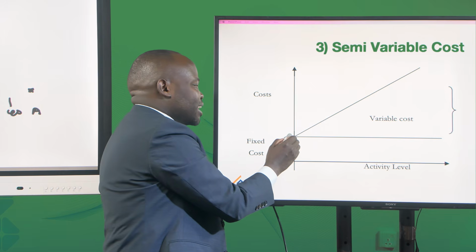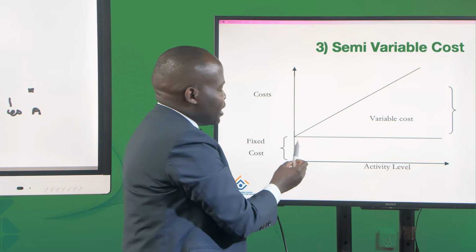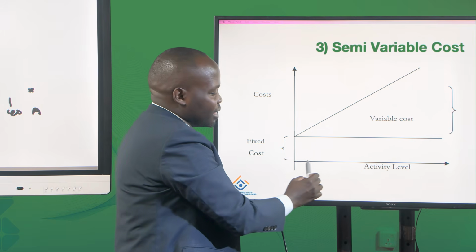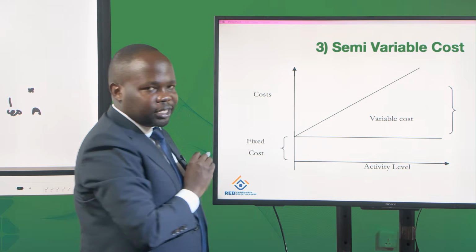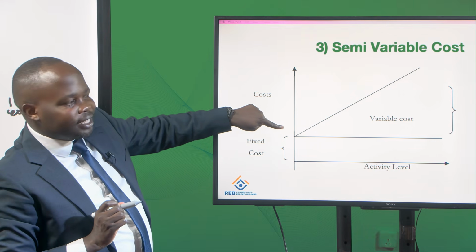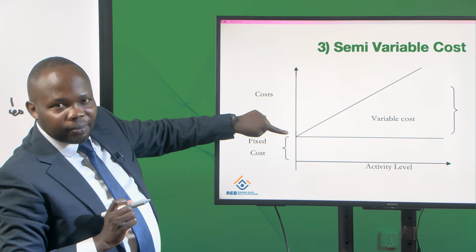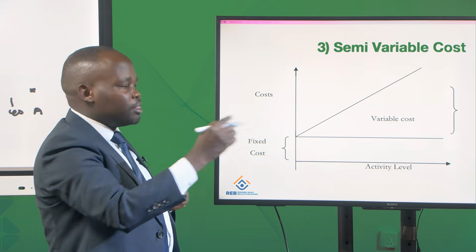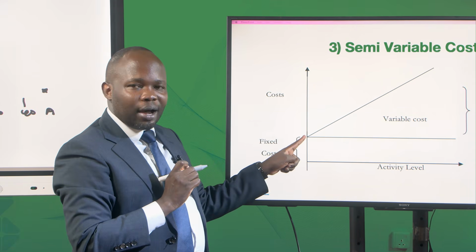And then the cost starts increasing above 1,000 as the activity level increases. Which means the minimum cost we can incur in this case is 1,000. But as you produce more, the cost goes above the 1,000.